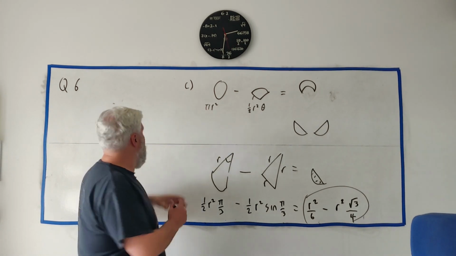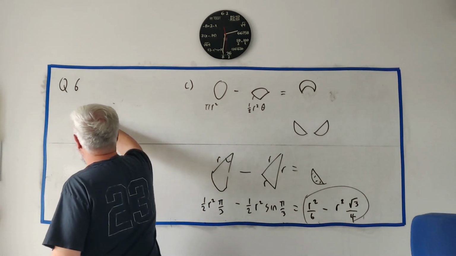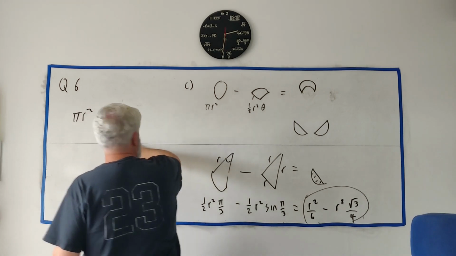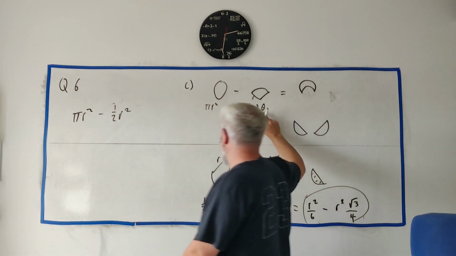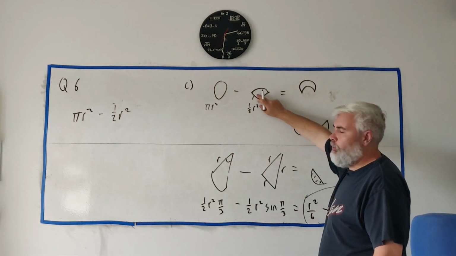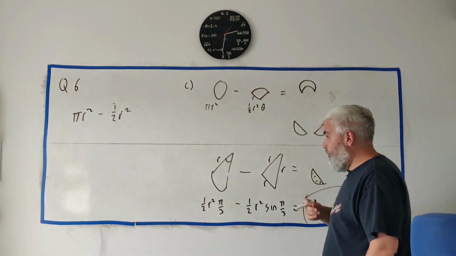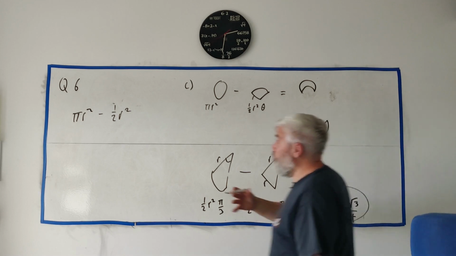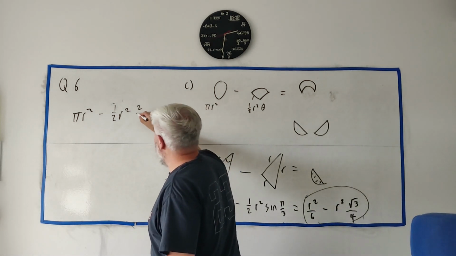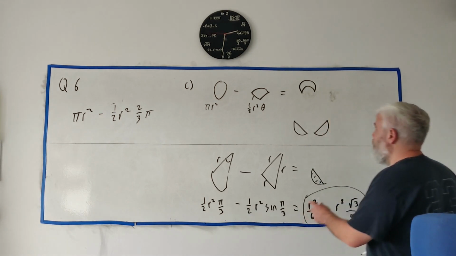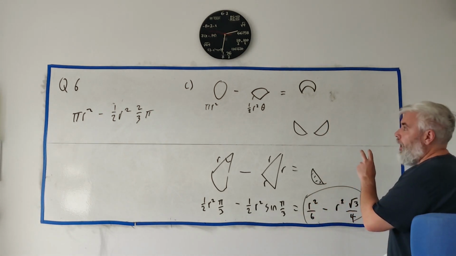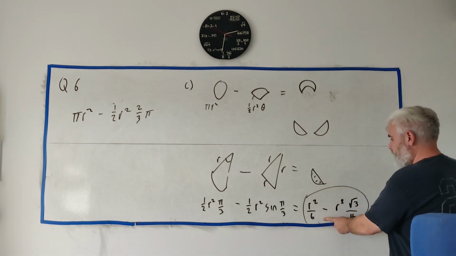We're going to take pi r squared, sorry my writing here, minus a half r squared. Oh, I don't have the theta in. Remember, theta was this big angle. It was pi over 3 times 2, so 2 over 3 pi. And then we are going to take away 2 of these guys here.